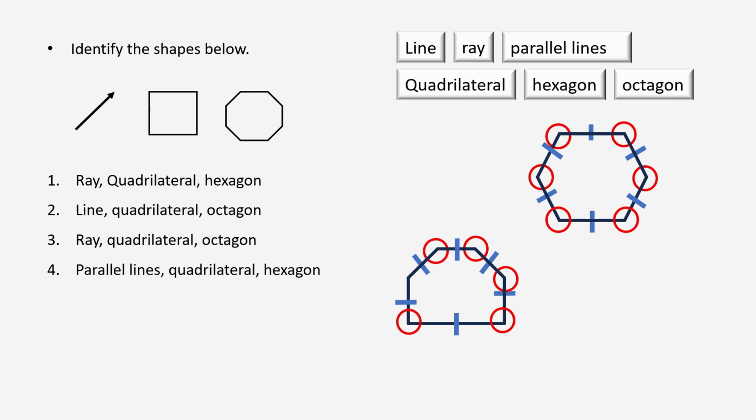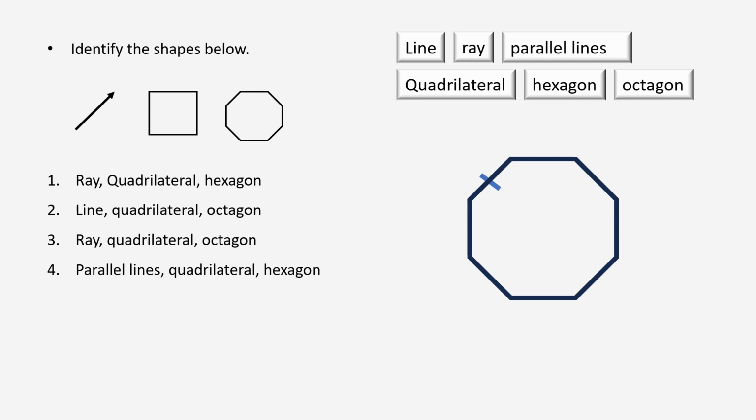Lastly, it's an octagon. An octagon is a polygon with 8 sides and 8 angles. Similar to other polygons, an octagon has an equal number of vertices and interior angles, both of which total 8. The sum of the interior angles in an octagon is always 1080 degrees.